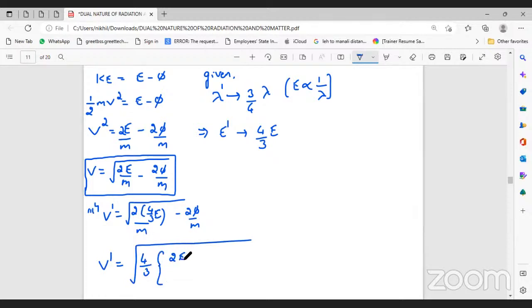So it will be 2E by M minus 2 phi by M. Whatever common I am taking, 4 by 3, it is not there in the second term. Since it is not there in the second term, I am going to write that in the denominator. If the common term is not there, then the term should be written in the denominator, no?